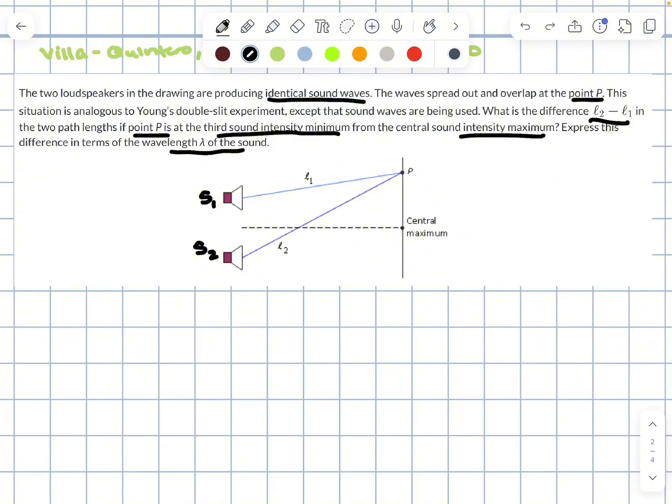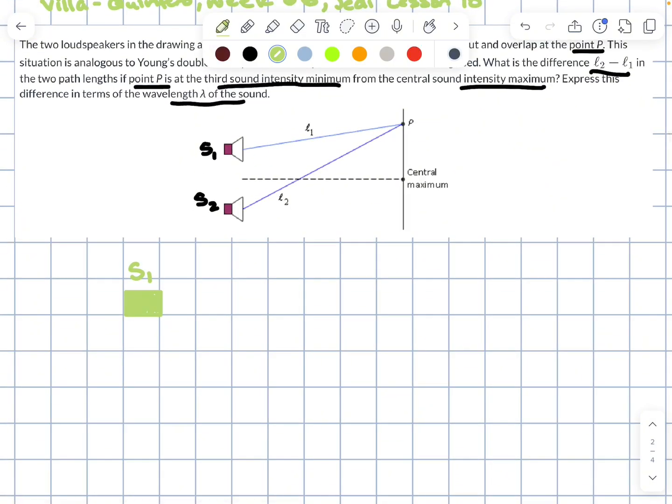So to draw something, I'll also define some of our important terms here. We have our speakers. This is going to be speaker 1, I'm just going to label it as S1, and then we also have speaker 2.